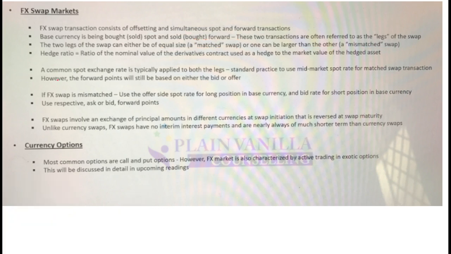A common spot exchange rate is typically applied to both the legs. The standard practice is to use the mid-market spot rate for match swap transactions. So if this is a match swap, remember, when you have bid and ask rates and you know it is a match swap, you will use the average of bid and ask instead of using bid or ask. No matter what the position is, on both the positions you will use the average rate if it is a match swap.